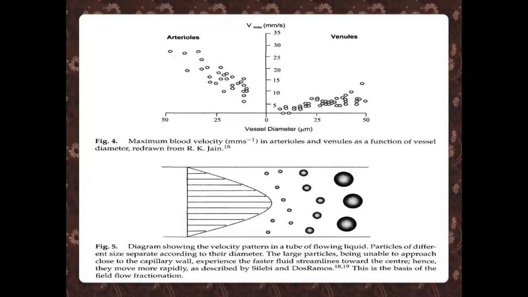So their velocity decreases when compared with larger molecules. Because of that only, the blood flow rate or fluid velocity differs in tubes of different diameter. It varies from tube to tube or blood vessel to blood vessel.